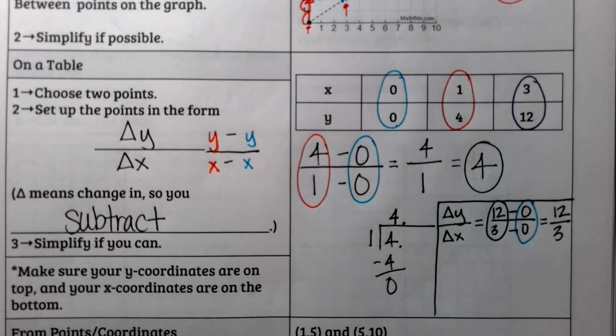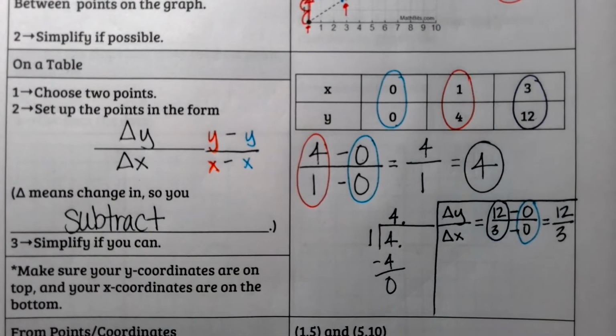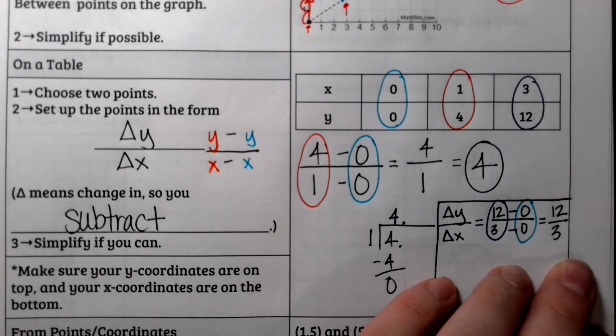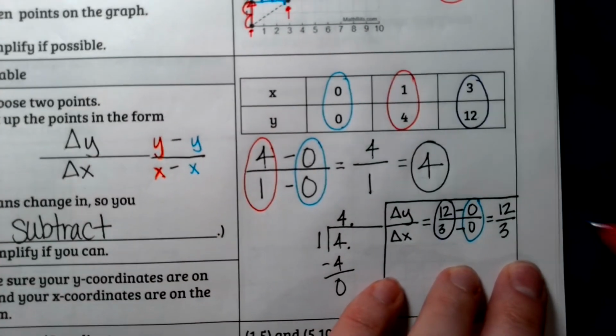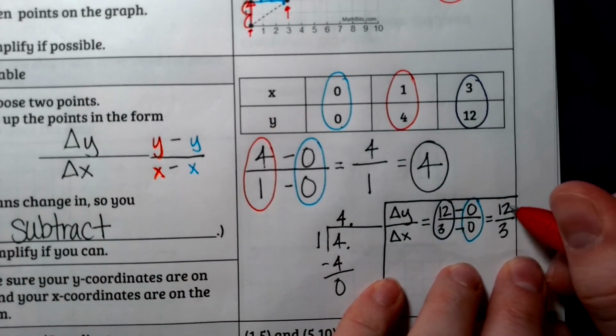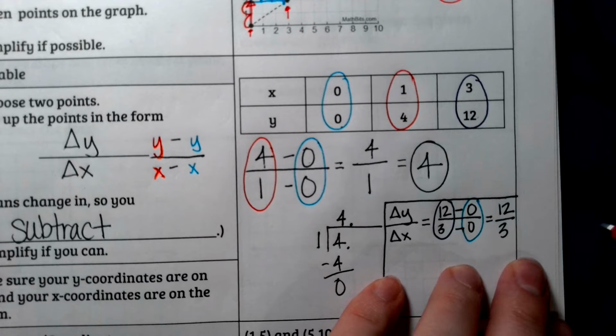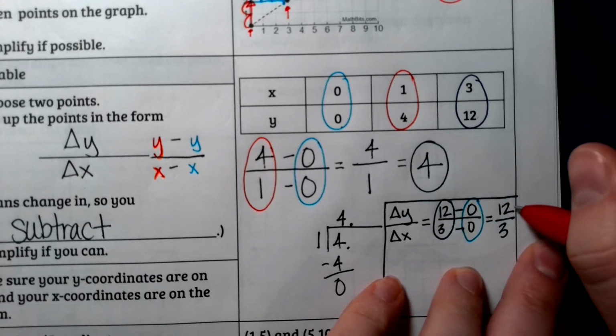3. So again, we check to see if we can simplify this. One way we can is to divide the top and bottom by a common number. What number goes into 12 and 3? 3 does.